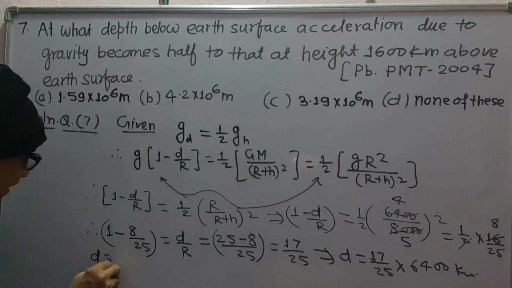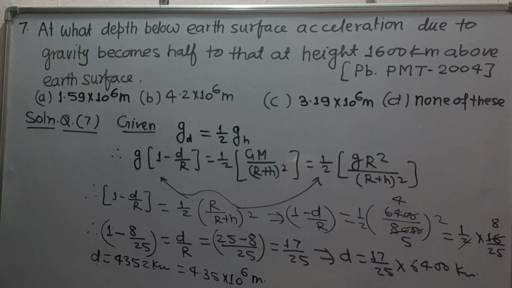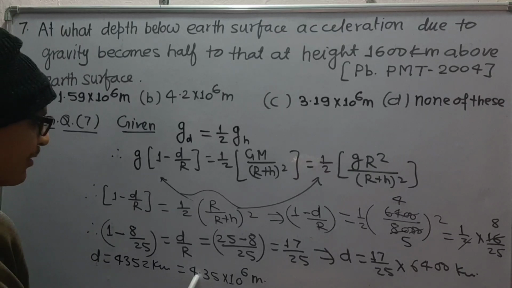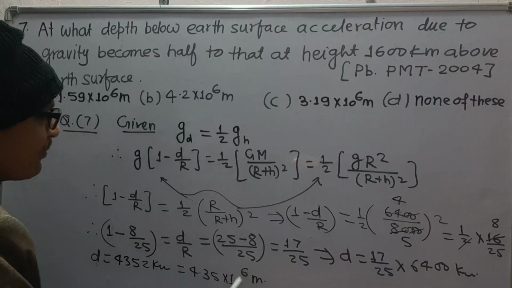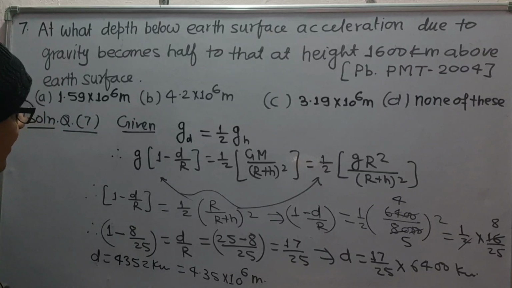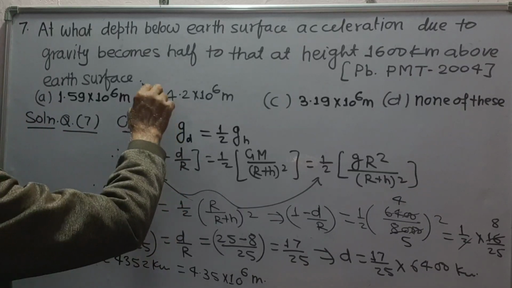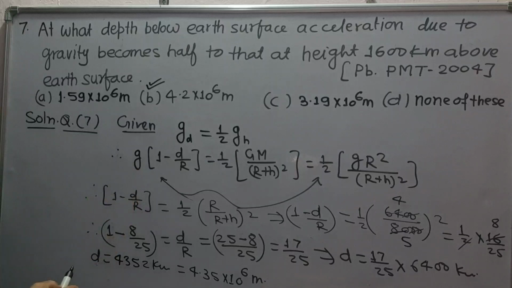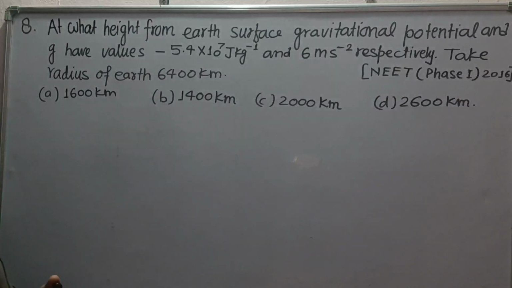Hence, d comes to be 4352 kilometers, which can be written as 4.35 into 10 to the power 6 meters. So, B is correct option.